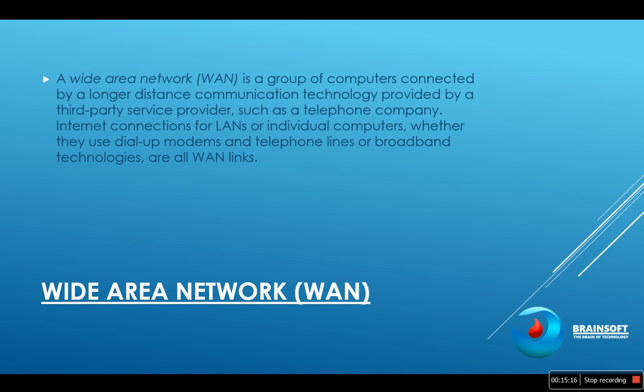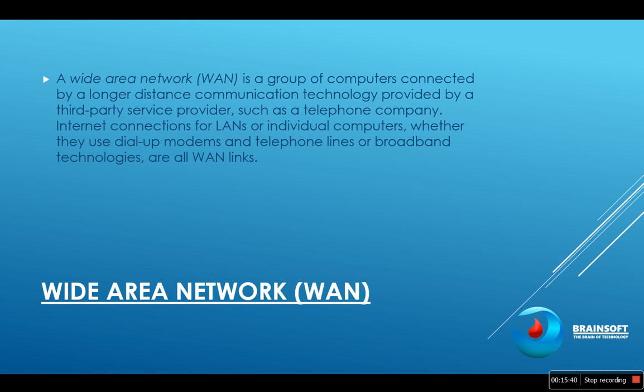The first one that we explained, the LAN, is like a building, a room, a floor, anything. But with this one, they are connected from a longer distance. Like you are in Accra and someone is in Kumasi. There is a company in Accra and there is another company in Kumasi.